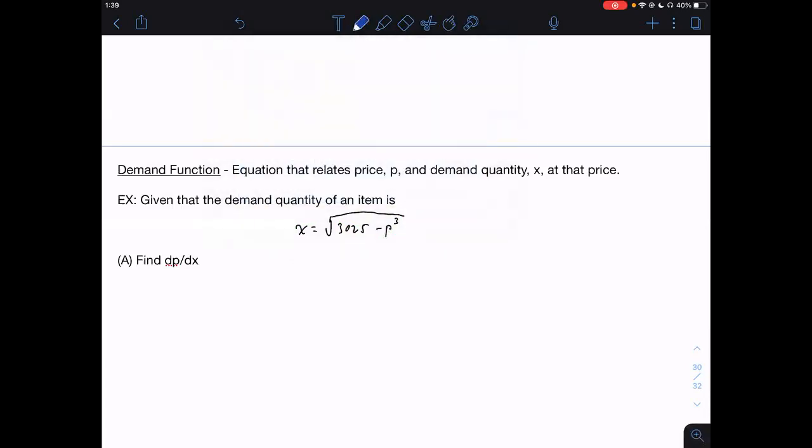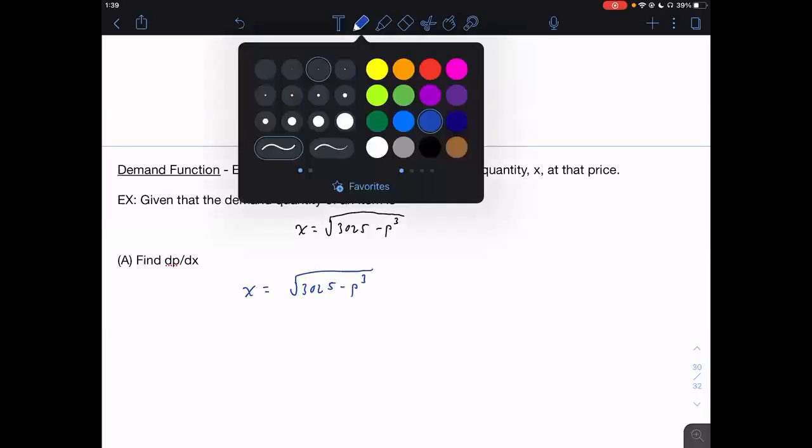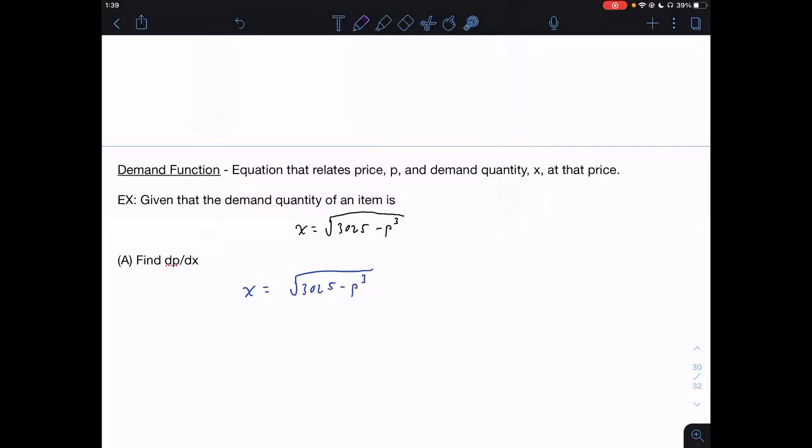So let me write our equation again. Here we have x equal to the square root of 3025 minus P cubed. Now, just like we have done before with implicit derivatives, we can start off by taking the differential of both sides of our equation with respect to our denominator, meaning we could take d over dx on the left side and d over dx on the right-hand side.